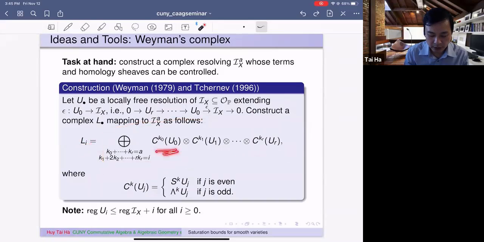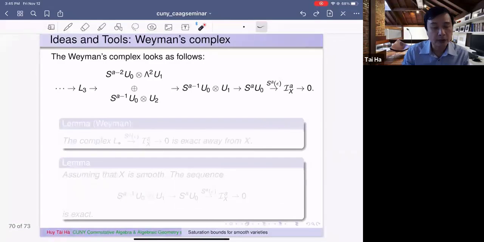Here we're going to take either symmetric powers or exterior powers of terms inside this resolution of I_X. For even index, we take the symmetric power, and for odd index, we take the exterior power. For example, the first few terms are easy to write down. You start with I_X to the power a, and you go to the a-th symmetric power of U0. The next term is just the (a-1)-th symmetric power of U0 tensor U1, where U1 is the next term in your resolution of I_X.